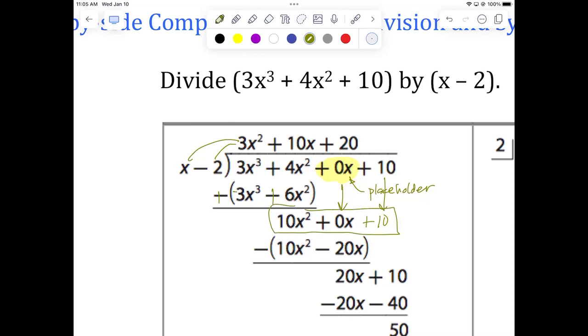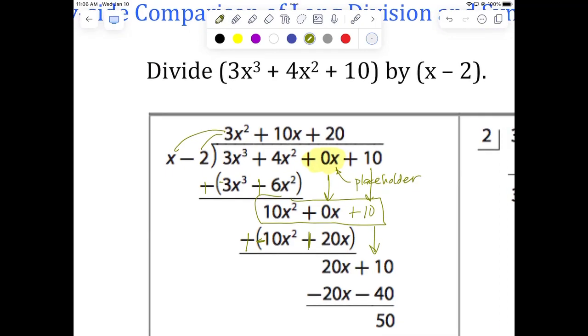All right, how many times does x go into 10x squared? It goes in 10x times, right? If we distribute, we get 10x squared minus 20x. Now notice, because we have a placeholder there for the 0x, I have a place to put that 20x. If I change both signs, this becomes a negative 10x squared and a positive 20x. When I add, I get positive 20x, and then I bring down the plus 10 again.